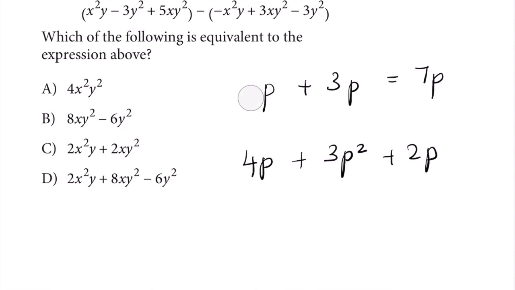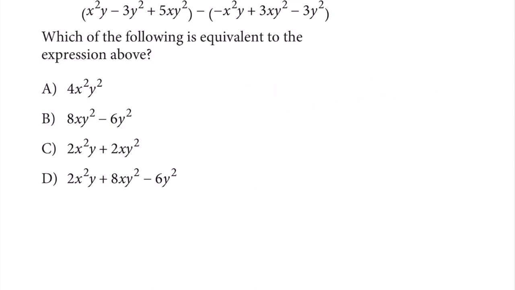So here in this question, we can add up like terms. Which are the like terms? x square y. Is there x square y? Yes, here you have x square y, so you can add this.